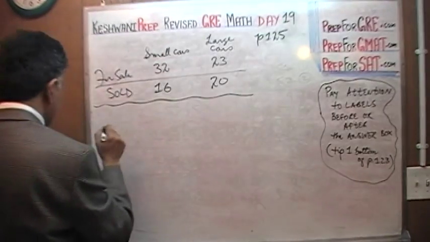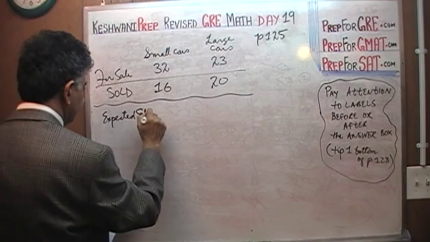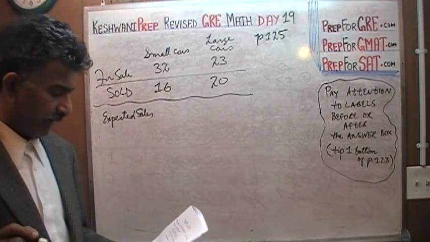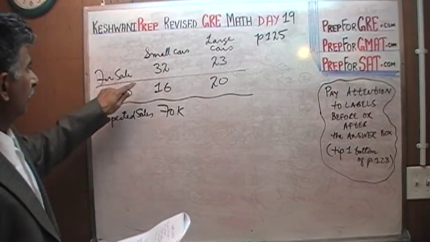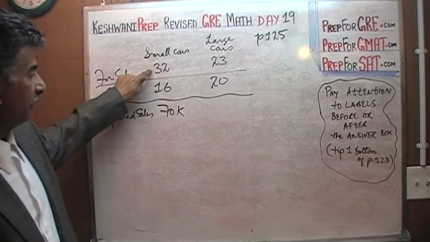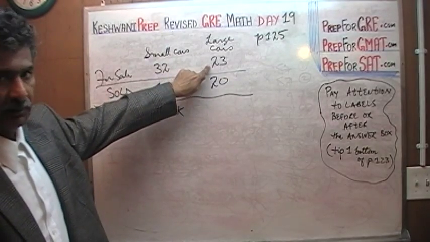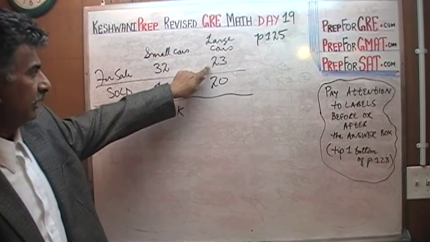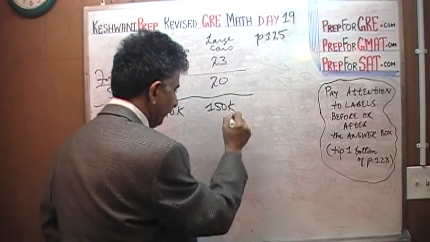We were expecting to have a revenue of $70,000 from selling 32 cars. Here we were expecting to sell 23 large cars and we were expecting to have $150,000 in revenue.